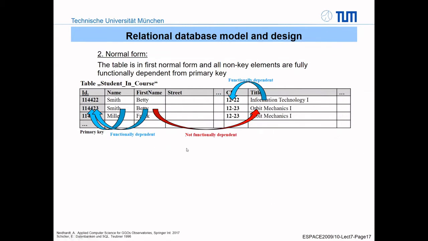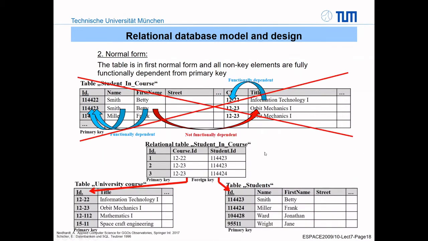So what to do? You split it into two tables and you create a relational table. So you have a table with students, you have a table with courses, and you mix this with a relational table. You have already seen this before.